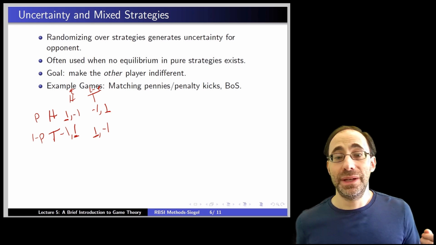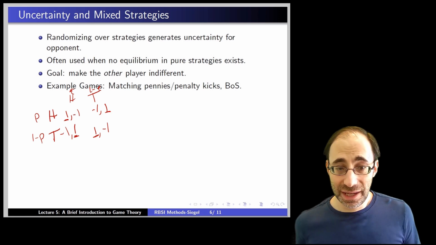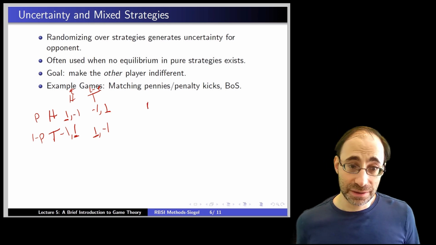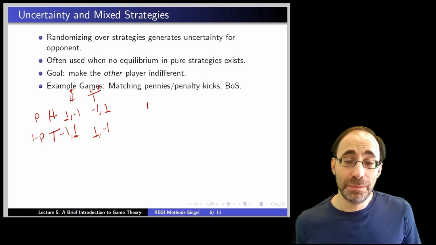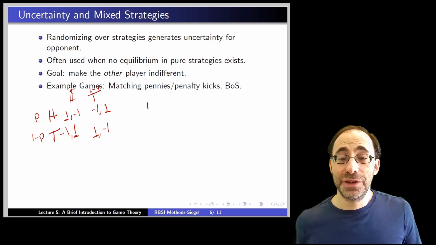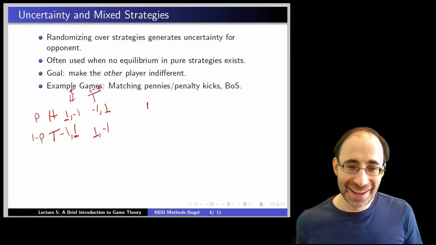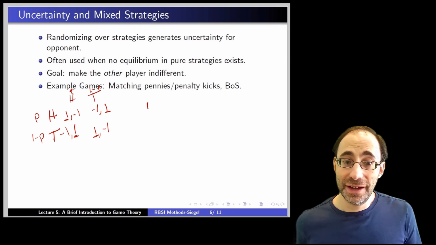So what if player 1 plays heads? If player 1 plays heads, player 1 gets a 1 whenever player 2 plays heads. How often does player 2 play heads? Well, Q proportion of the time.